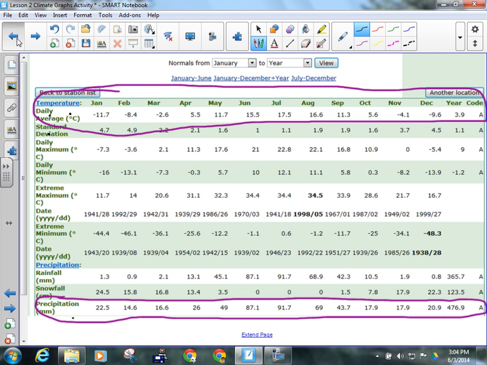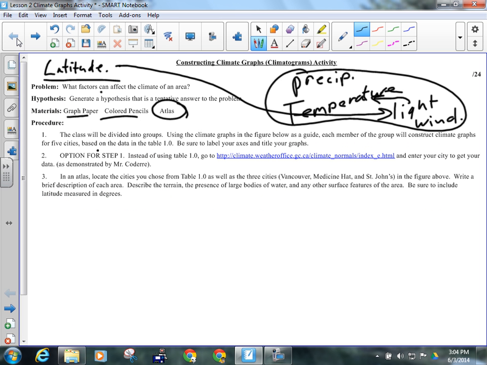Now, in order for your climatograms to be useful, everyone in your group needs to use the same scale on their graph. Otherwise, you could make Calgary, Alberta look like it's as wet as Prince George, which is not the case. So you need to make sure everyone's using the same scale so that the shapes stand out. Here's how you do that.